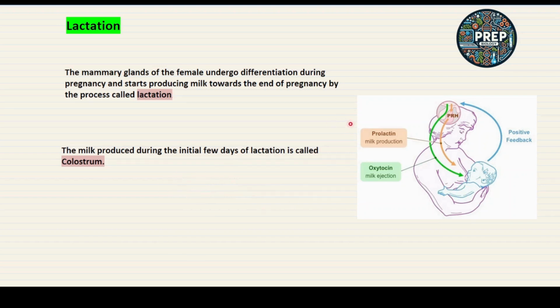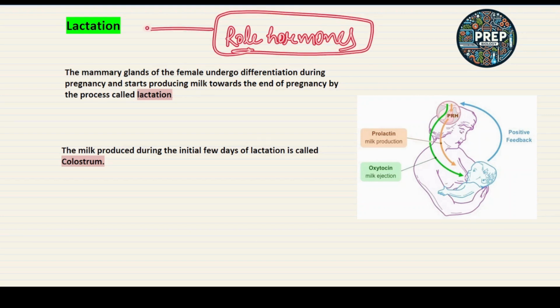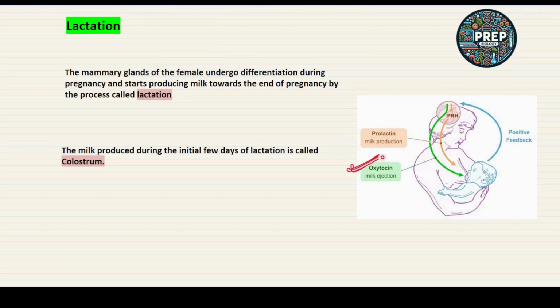Now, what are the hormones which help in lactation? There are two hormones. First is oxytocin, which is released by the maternal pituitary gland. The second very important hormone for the lactation process is prolactin.